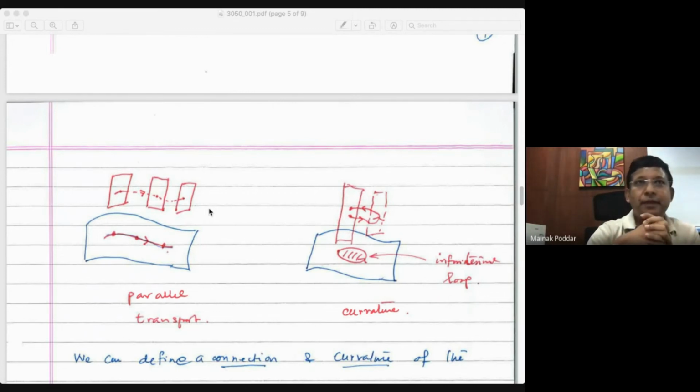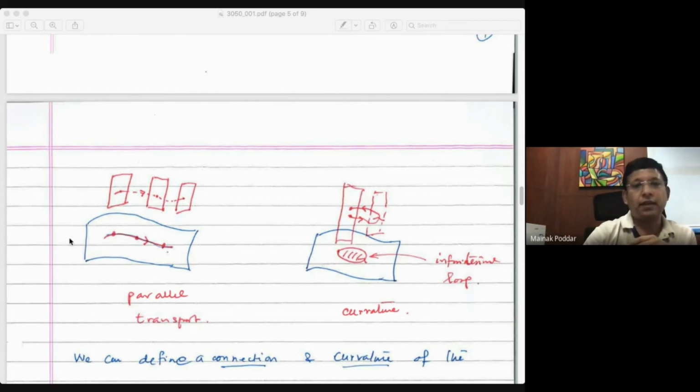And now, if I want to define it in a rigorous way, I would have to say you look at the overall space of the vector bundle, and there you have to look at some horizontal directions that are sort of a lift of the tangent planes.